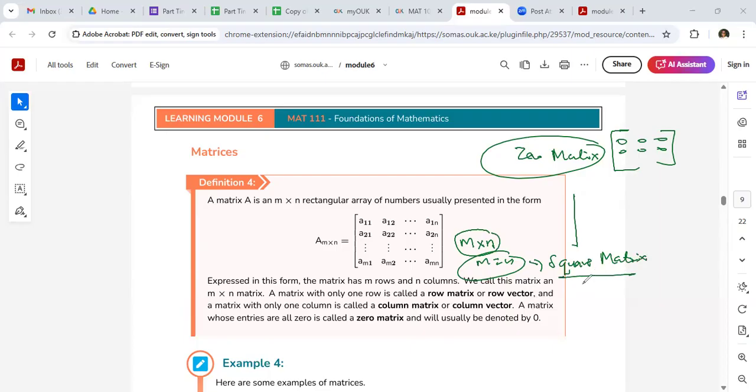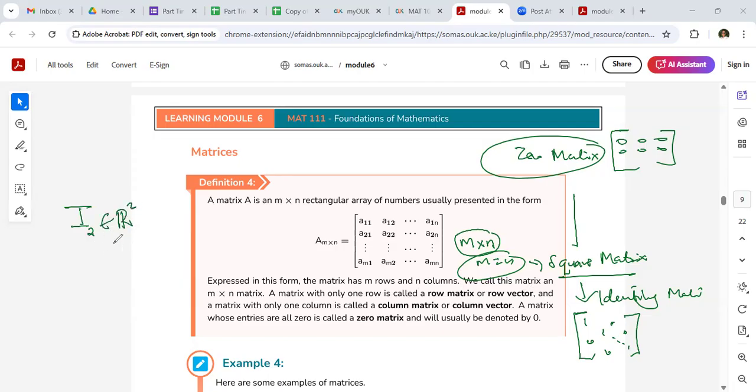And it's out of the square matrix that we have the identity matrix. So the identity matrix here would be the matrix in which the entries in the diagonal are equal to 1, while all the other entries are equal to 0.